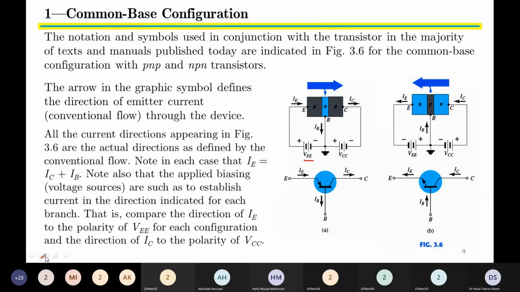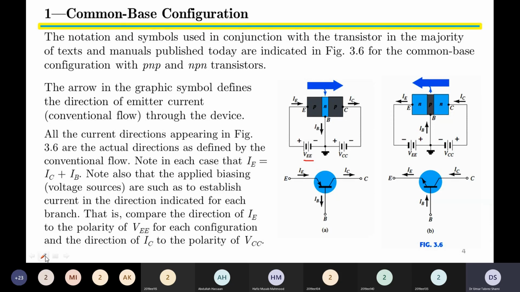So in this diagram, we can see that the emitter and the base have been forward biased. The battery VEE is allowing the forward biasing of base emitter, whereas battery VCC, with the help of its negative terminal connected to the collector terminal, reverse biases the base collector.